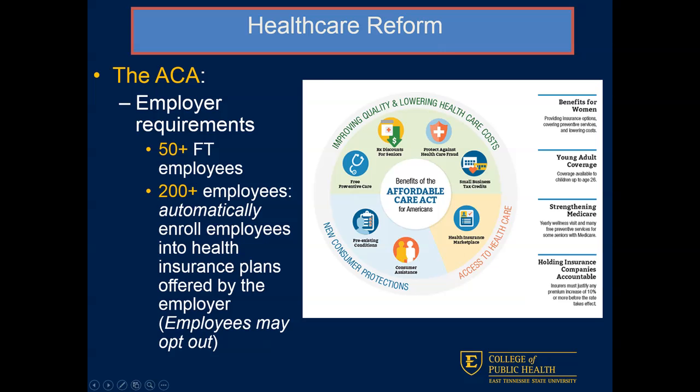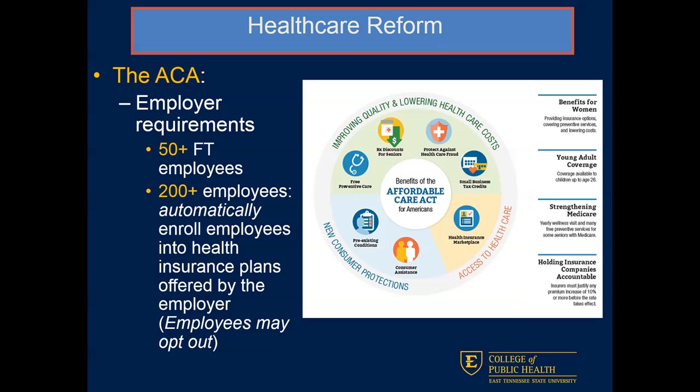Now, I thought this infographic was really great in explaining the triple aim and how the Affordable Care Act works to meet the triple aim of healthcare, which is cost, quality, and access. We have some different quality metrics here: access through the health insurance marketplace, and then some new consumer protection.